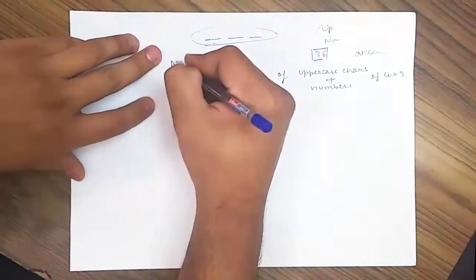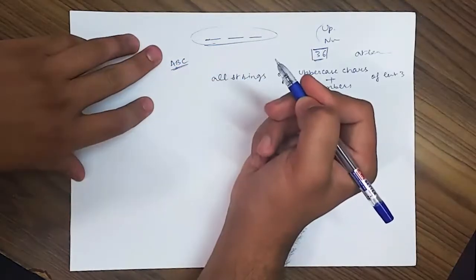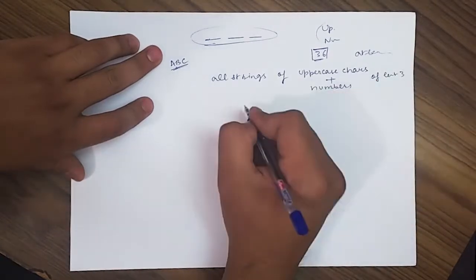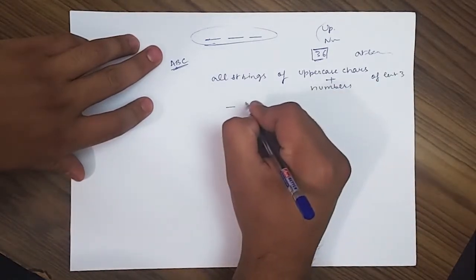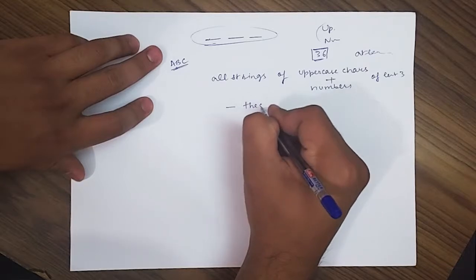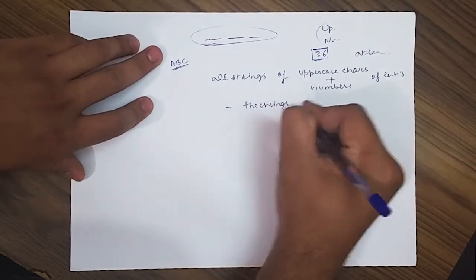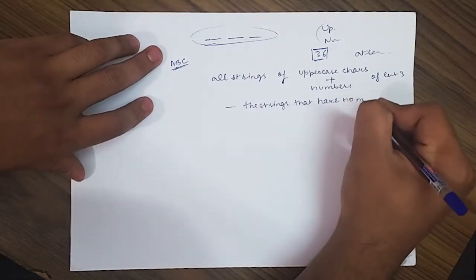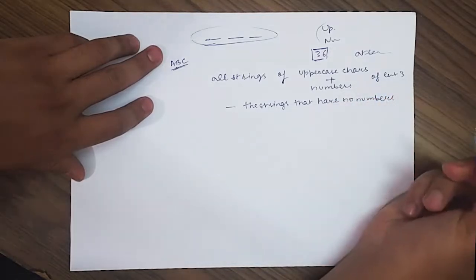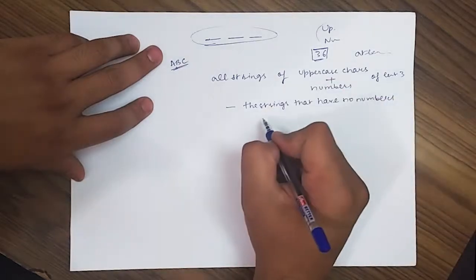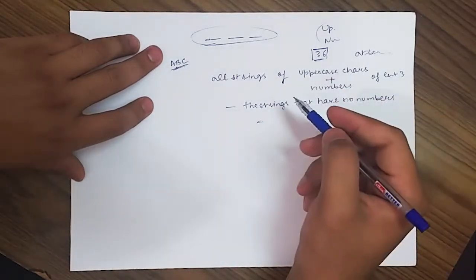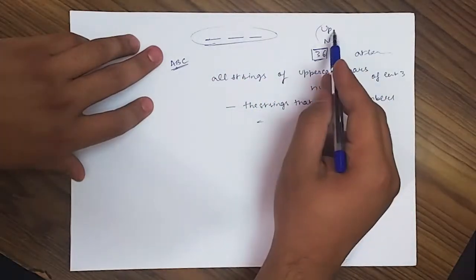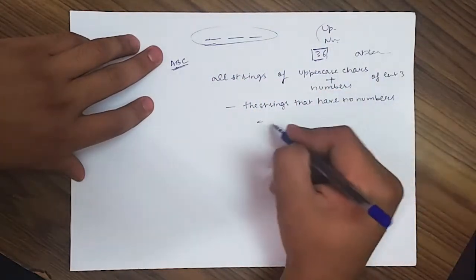It will also include ABC. It doesn't have a number. So all strings of uppercase characters and numbers of length 3 minus the strings that have no number will give us the strings of length 3 made up of uppercase characters and numbers that have at least one number.